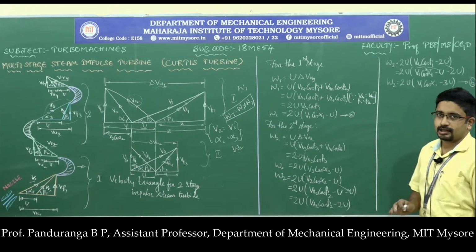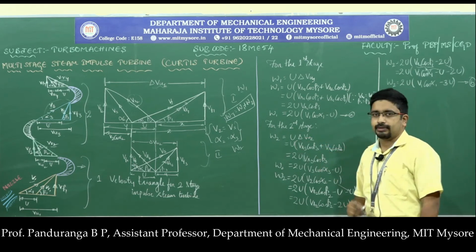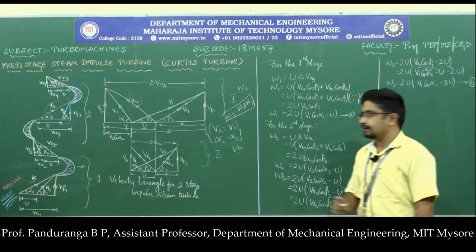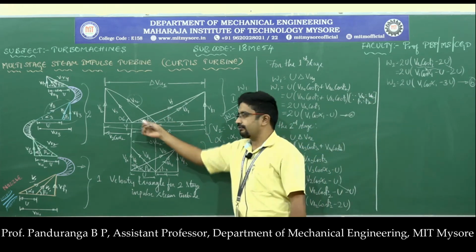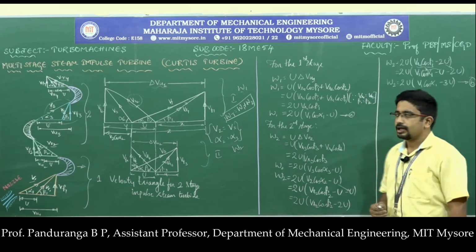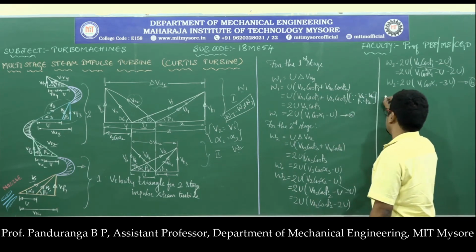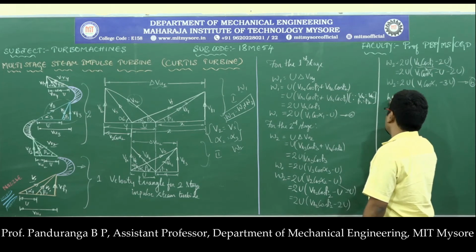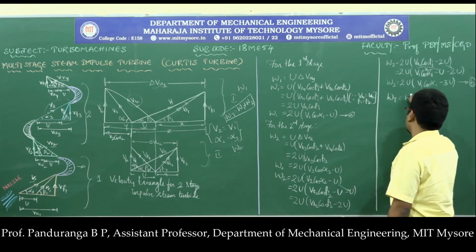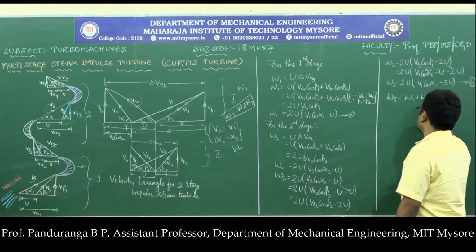Now I have expressed W1, the work done by the first stage, and W2, the work done by the second stage, in terms of V1 and alpha 1, because we will be knowing those values. So now I will find out the total work done. Wt will be equal to W1 plus W2.